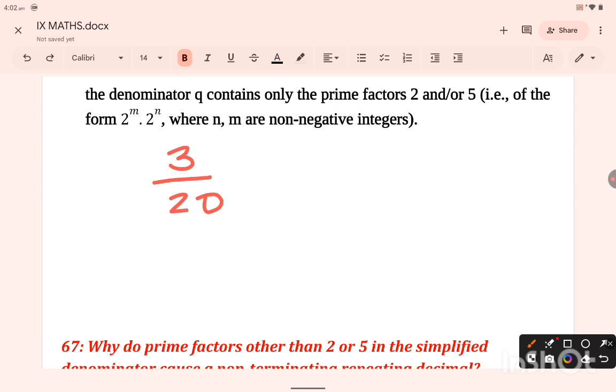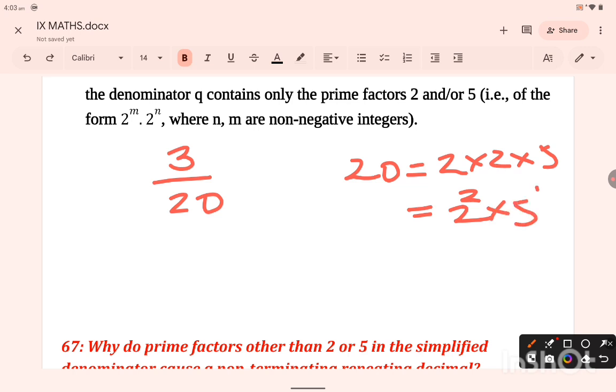Therefore, this is in the simplest form. Now, denominator 20 can be written as 2 into 2 into 5, which is equal to 2 to the power of 2 into 5 to the power of 1. This is in the form of 2 to the power of m into 5 to the power of n. Both m, n are positive integers. Therefore, 3 by 20 is a terminating decimal.